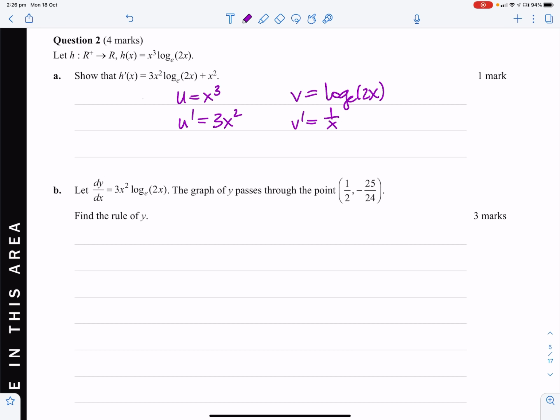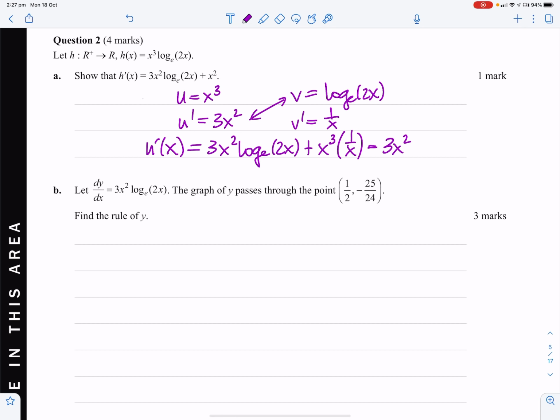We know h dash of x, because it's show that, I'm just going to show all of my working. 3x squared log e 2x, we cross them, plus x cubed times 1 over x, 3x squared log e 2x plus x squared.